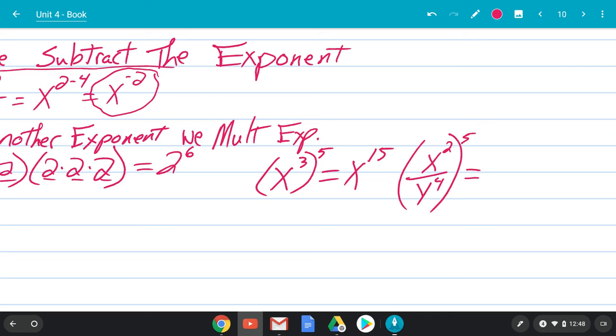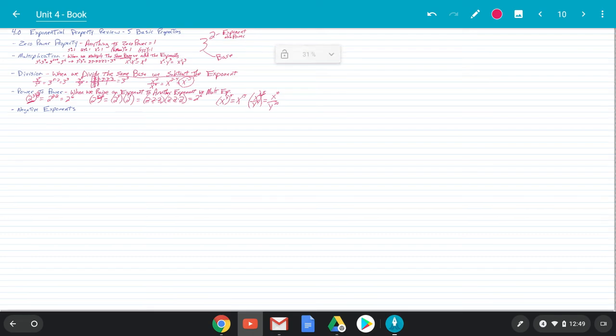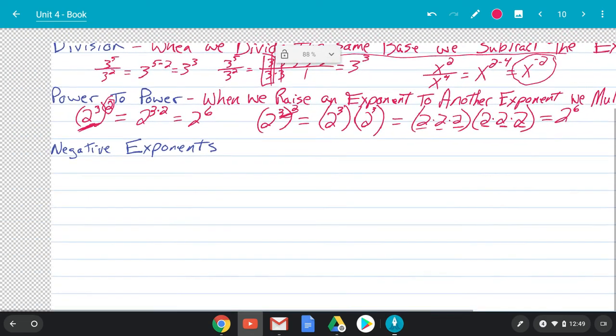I have to multiply this 5 times everything. So that would be x to the 10th, because 2 times 5 is 10, over y to the 5 times 4, which is y to the 20th. Now, there's nothing else I can do here because those are different bases. But that's an example of raising a power to a power.